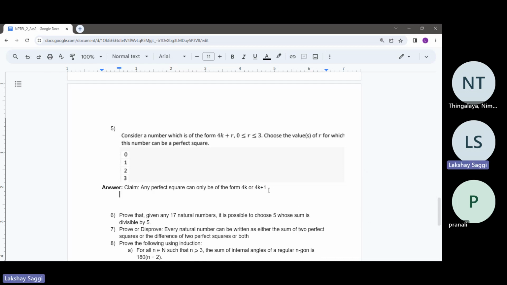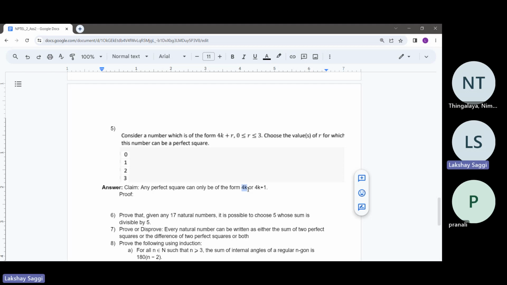And how can we prove this? Proof. First of all, what's an example of a number which is a perfect square and is of the form 4k? An example is 4.